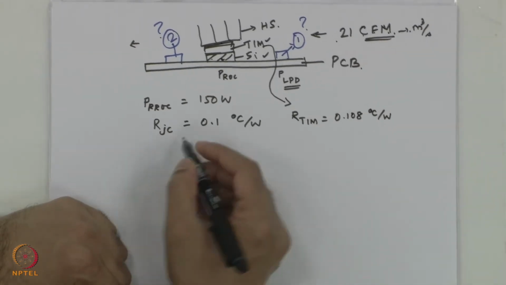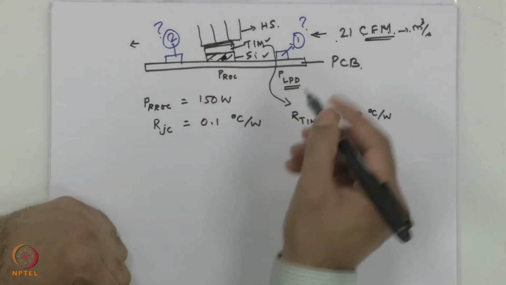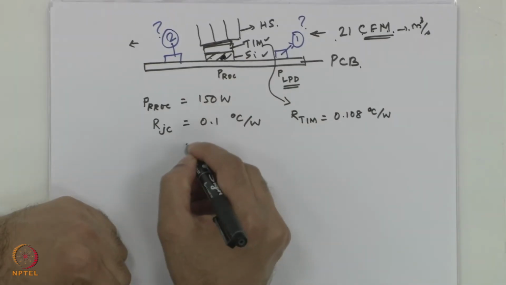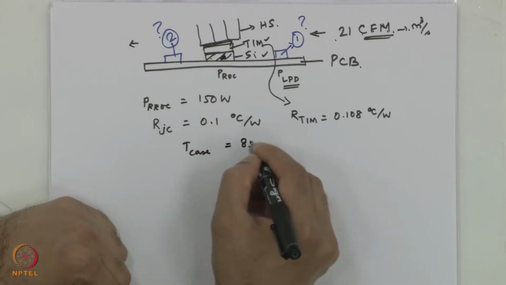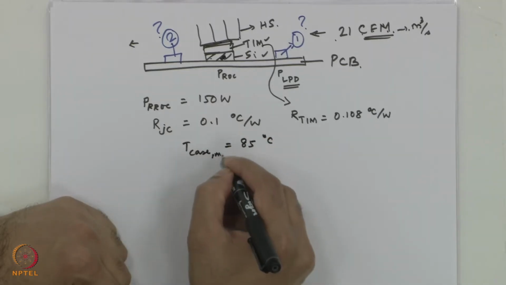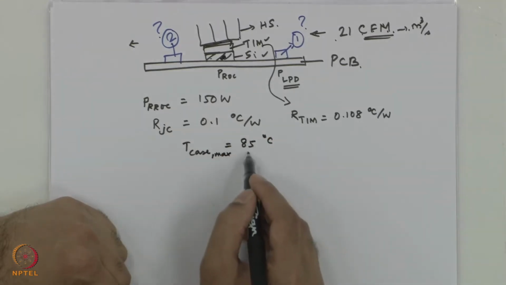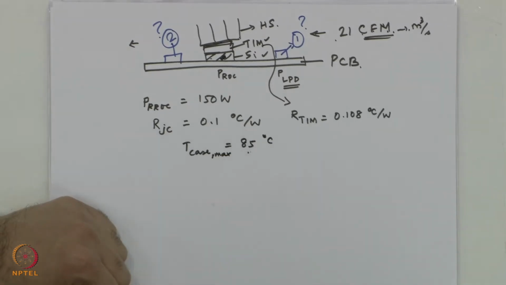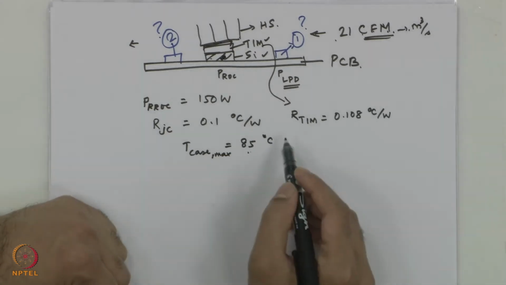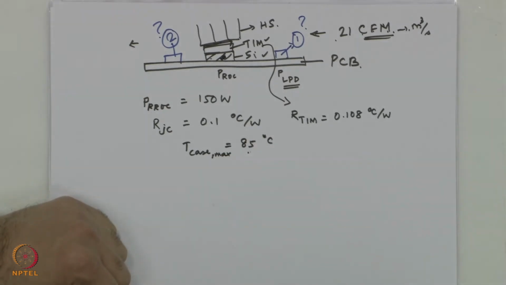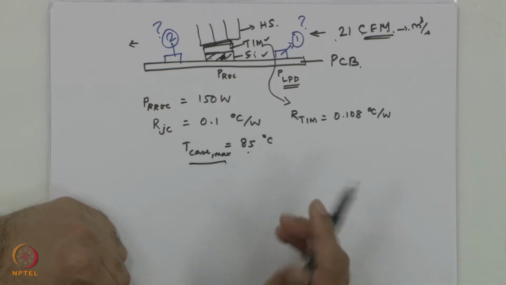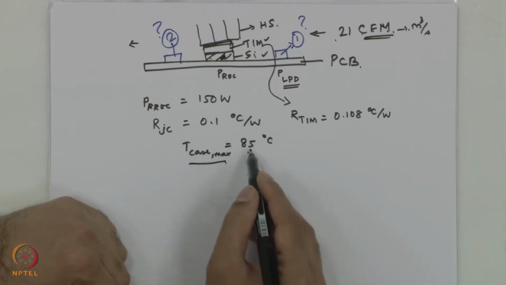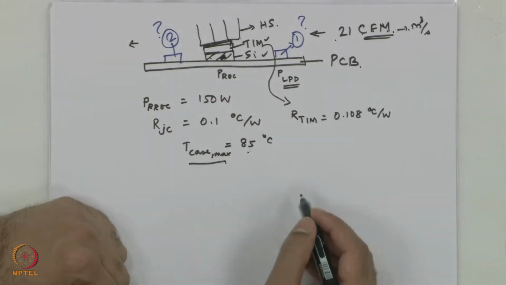The maximum allowable case temperature, we will call it this temperature, is 85 degrees. This is the max. So, anything that exceeds 85 degrees C means we have failed in terms of protecting the processor, and so we need to ensure that the processor is well below this 85 degrees C at the case.